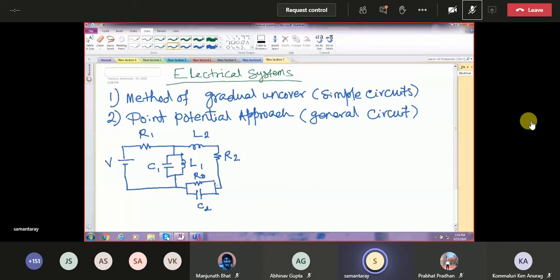Let's say this part of the circuit is some impedance X. Then within that, we further mark two circuits. Let's say A, then you have another part. Let's say this is B.